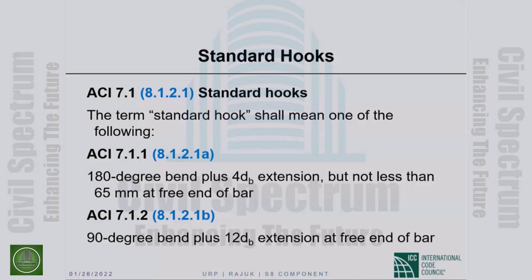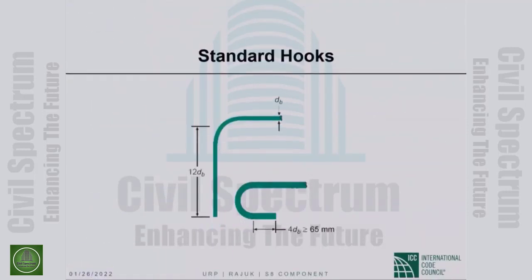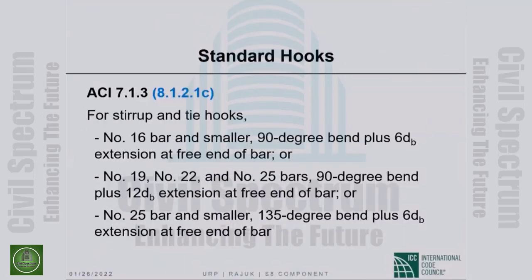Or a standard hook can be a 90-degree bend plus 12 bar diameter extension at the free end of the bar. So both are standard hooks according to ACI 318. So those are for longitudinal bars.